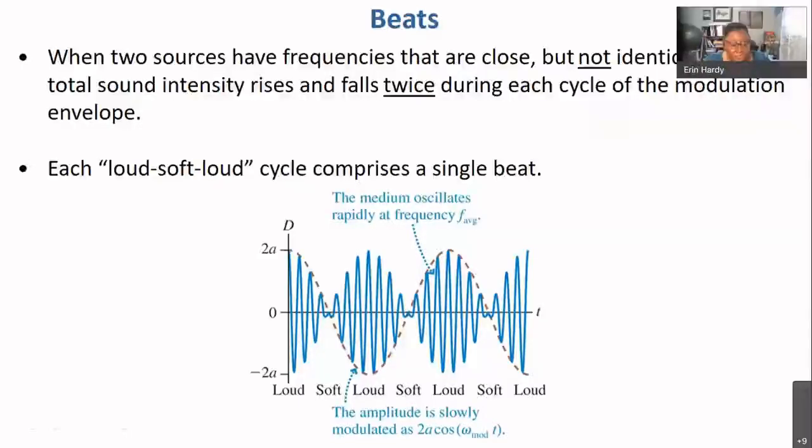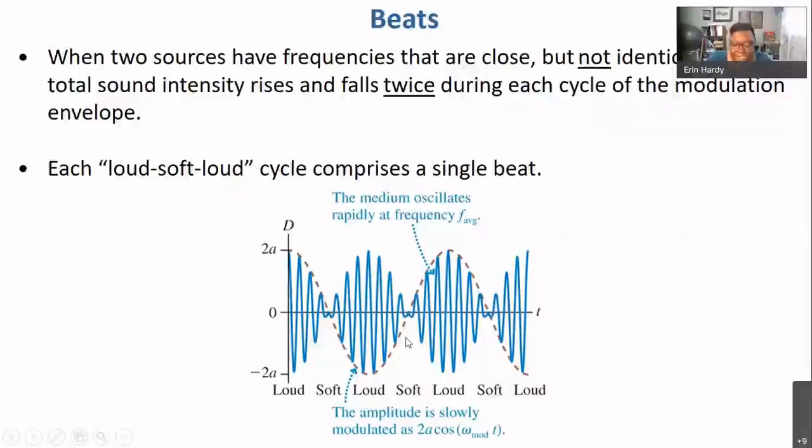We can see locations where they cancel out perfectly. So in other words, anytime you see plus or minus 2 times A, that's perfectly constructive. Anytime the value is equal to 0, that's perfectly destructive. So it oscillates in between those two extremes, pretty much the same way that our standing waves on a string did in this week's lab.